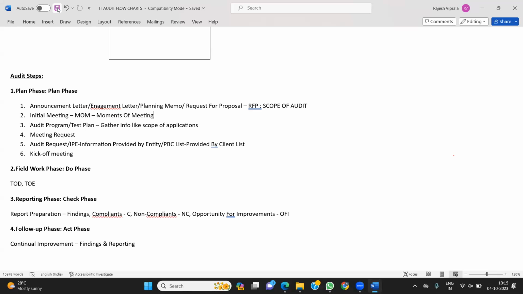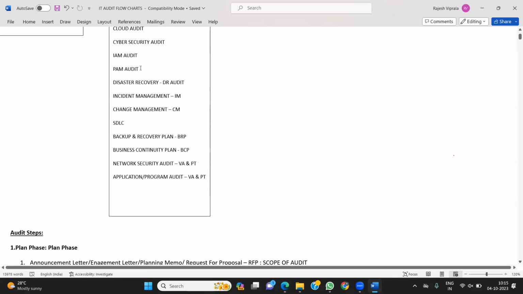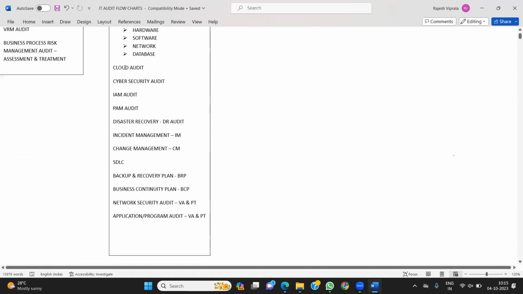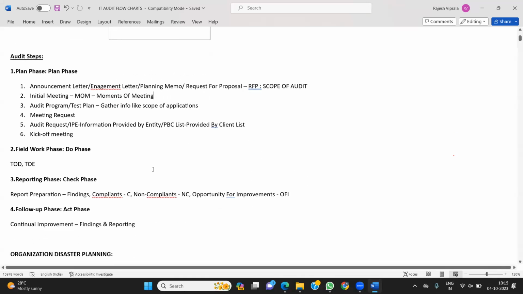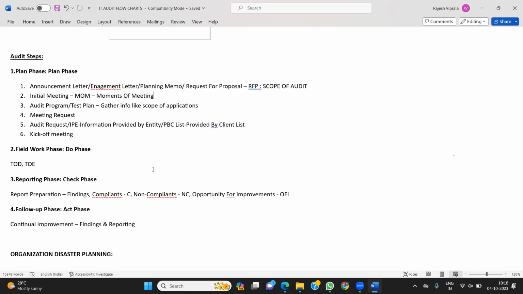The IT domain is nothing but, as we discussed on top, maybe identity access management, privileged access management, disaster recovery, cybersecurity. It can be anything. Based upon that, the relevant controls or statements will be prepared. I gave you a few examples if you remember. So TOD is nothing but test of design.